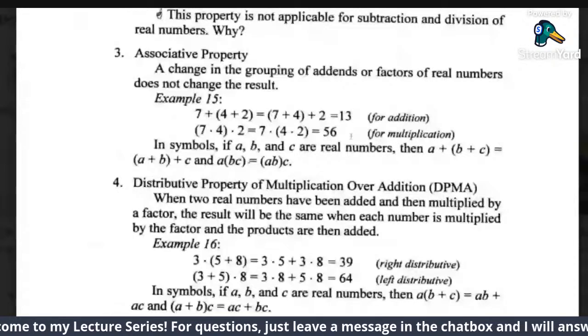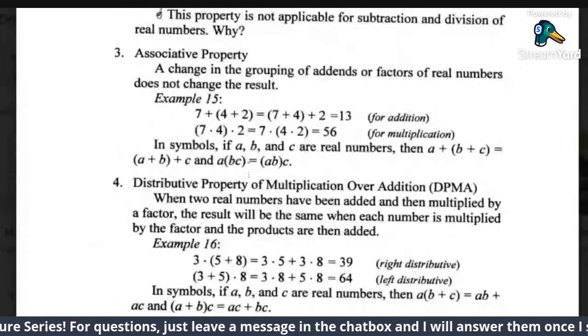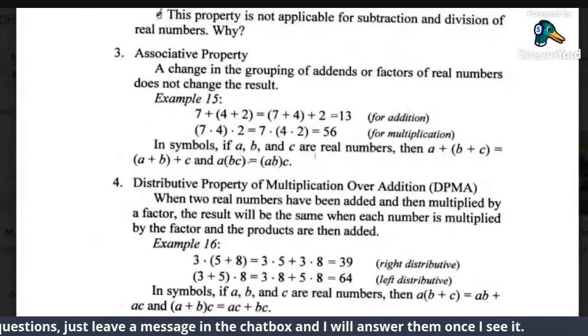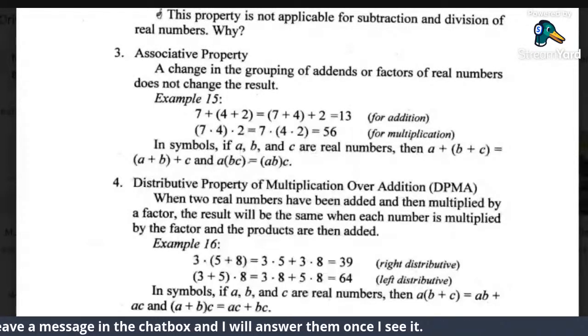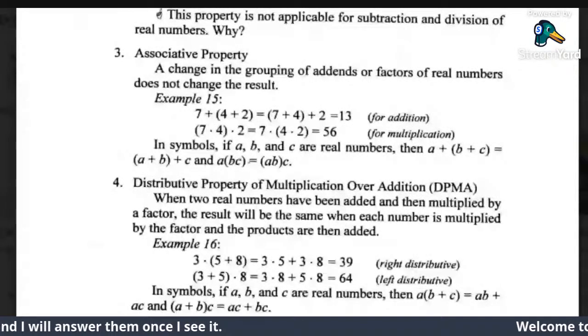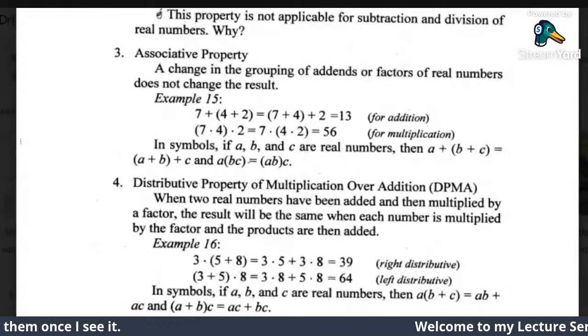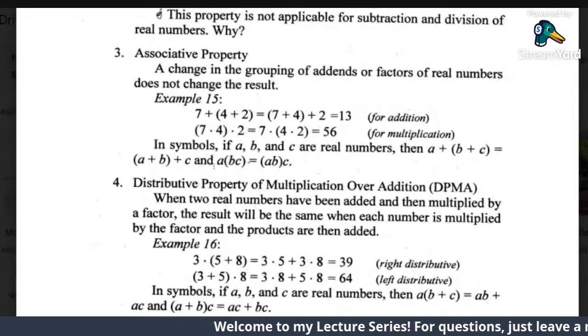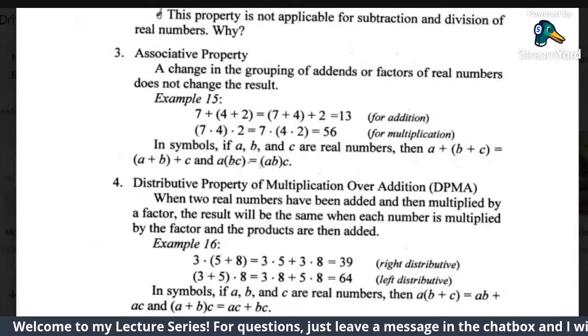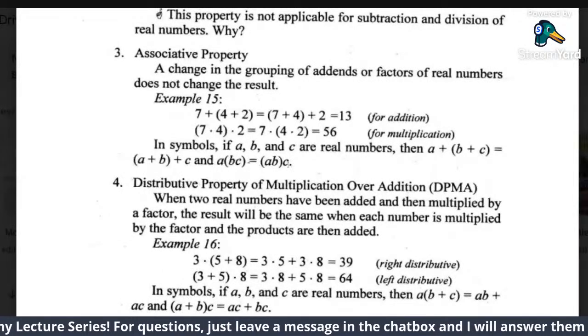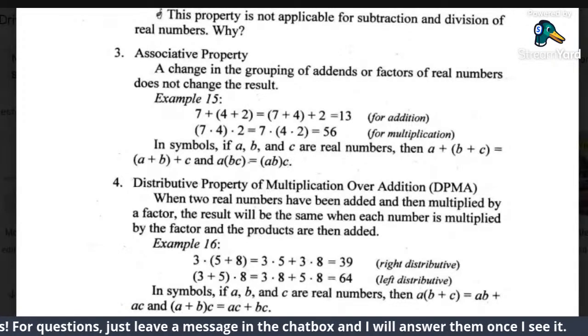In symbols, if A, B, and C are real numbers, then A plus the quantity B plus C is equal to the quantity A plus B, plus C. Or for multiplication, A times the quantity BC is equal to the quantity AB times C. That's for the associative property.